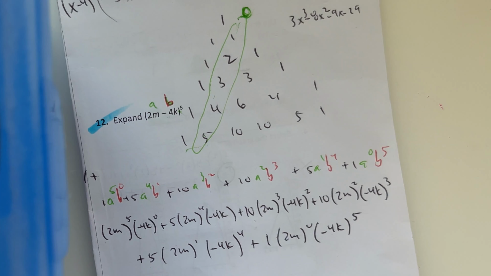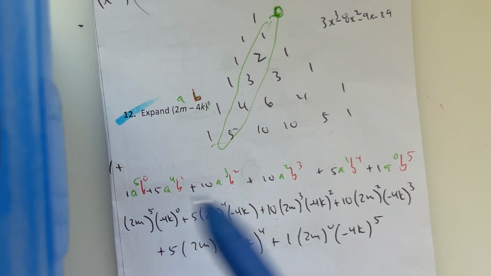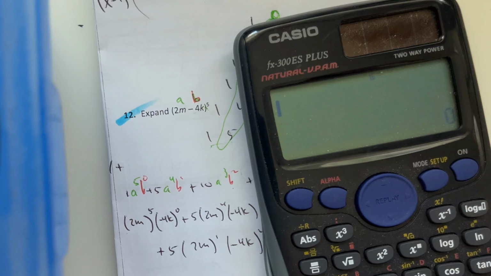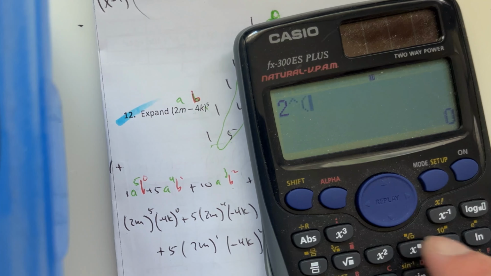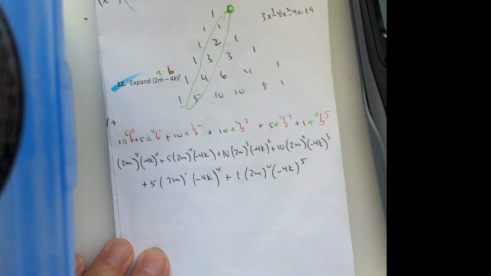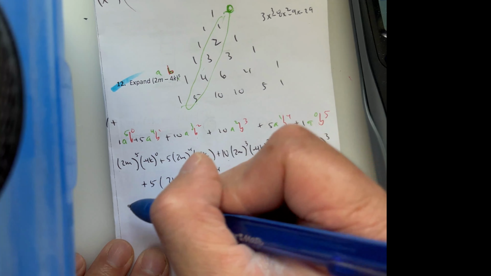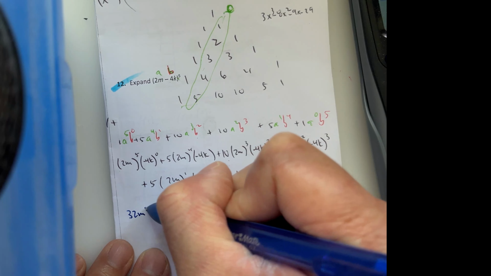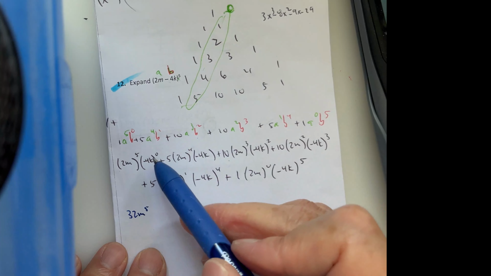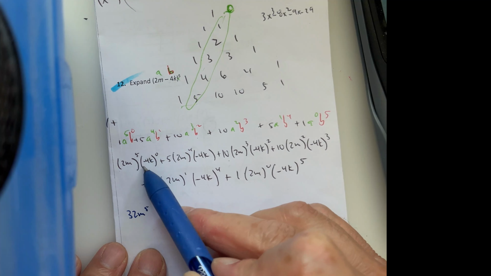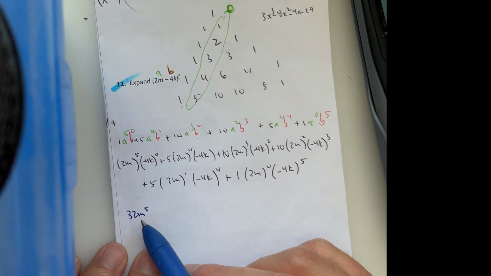Okay, let's go ahead and simplify this now. Two to the 5th power, 32. So this is going to become 32m to the 5th. Pay attention, anything to the 0 power is 1. So 1 times anything is itself.